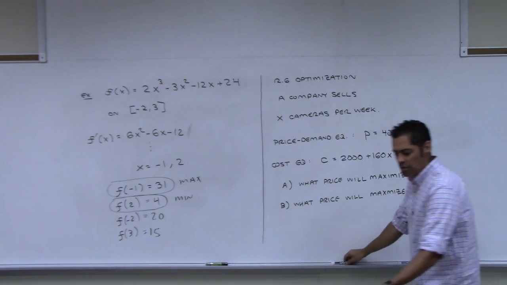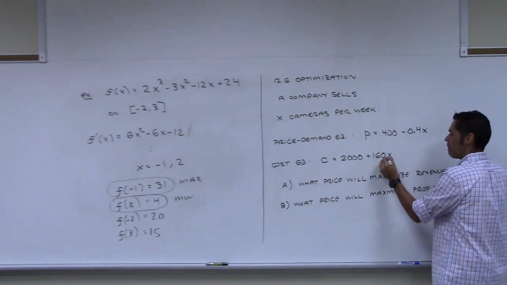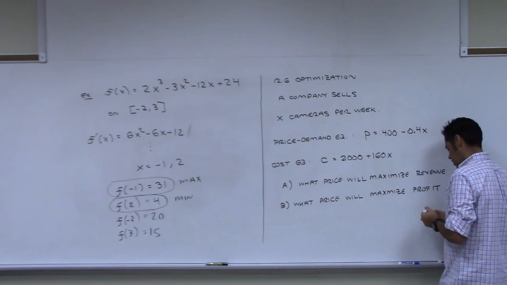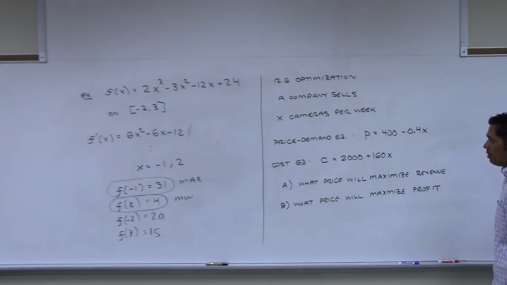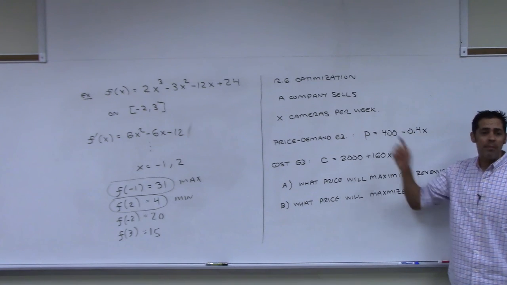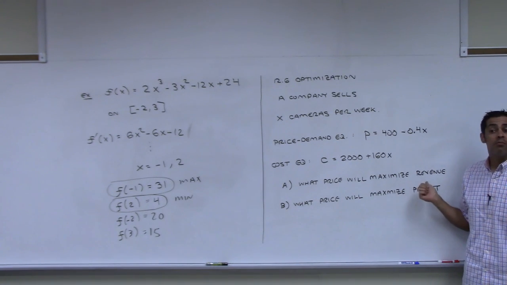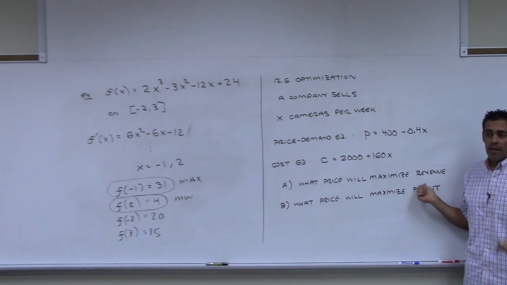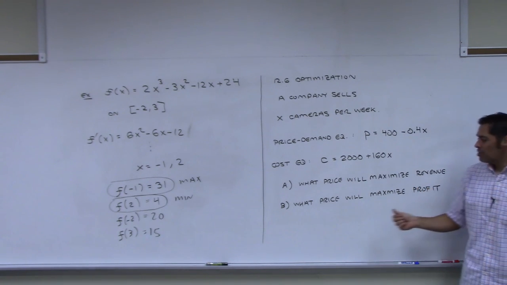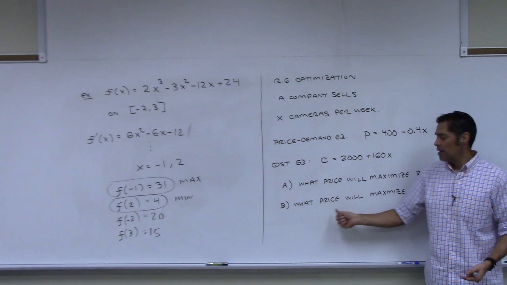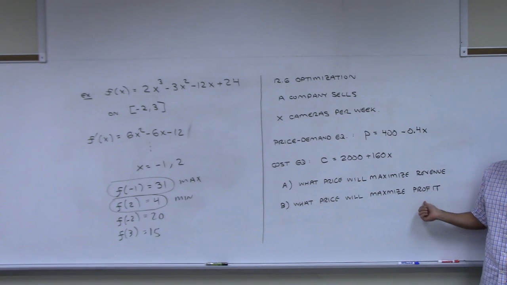So look at the two questions that you're being asked. First one, what price should we establish to sell these cameras at that will maximize the revenue? And then, what price should we sell the cameras for to maximize profit?